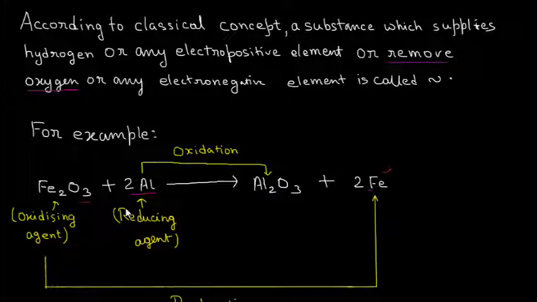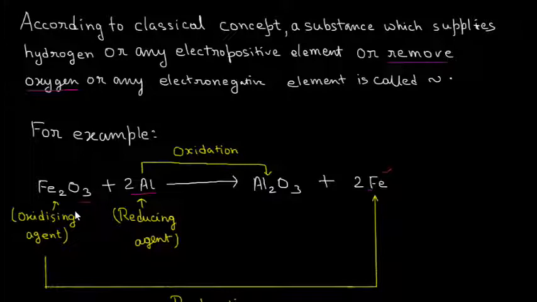On the other hand, Fe2O3 supplies oxygen to aluminum to form Al2O3. So Fe2O3 is an oxidizing agent. So it is quite simple. Don't get confused. Just remember this.